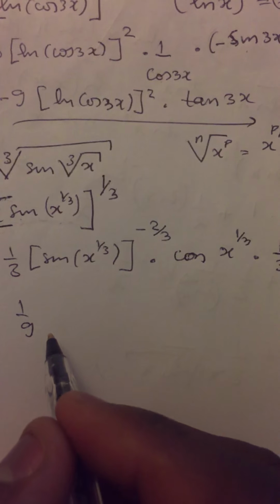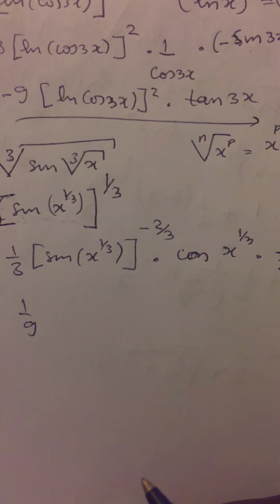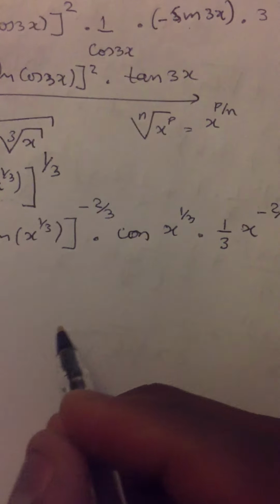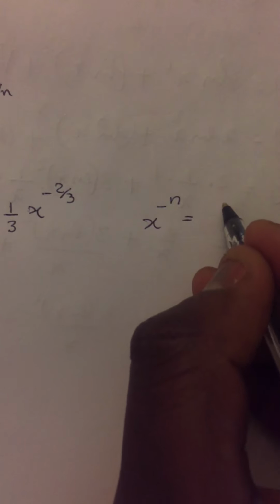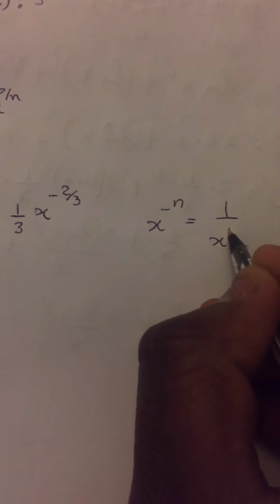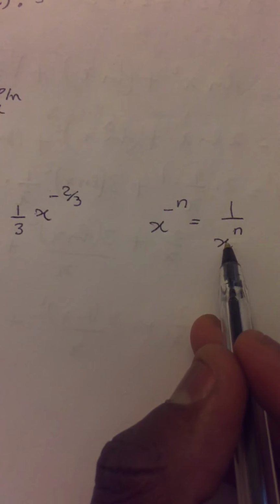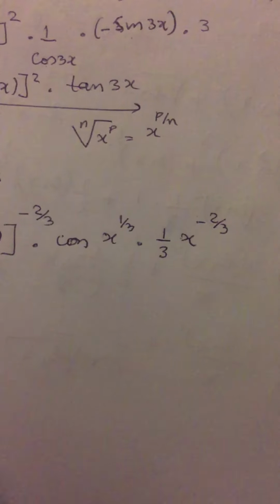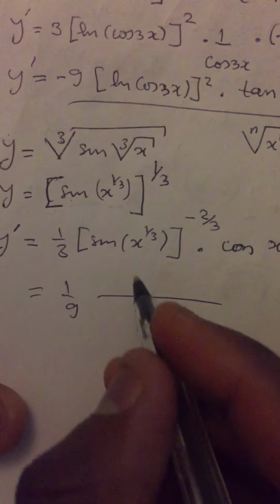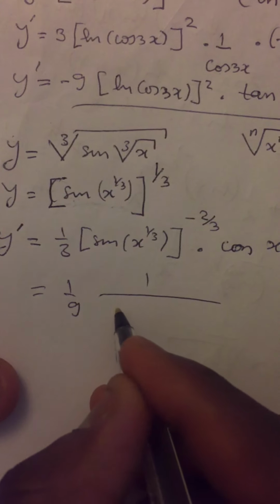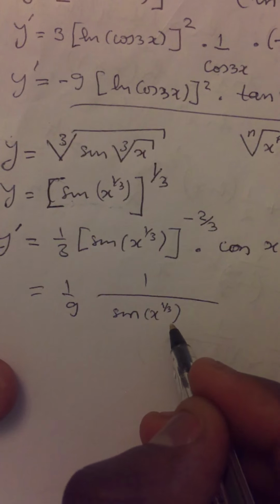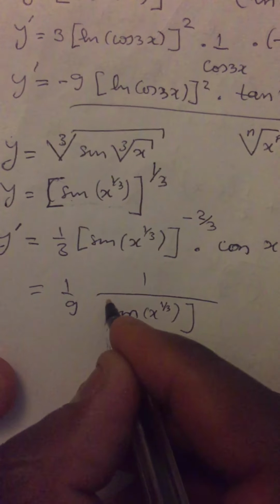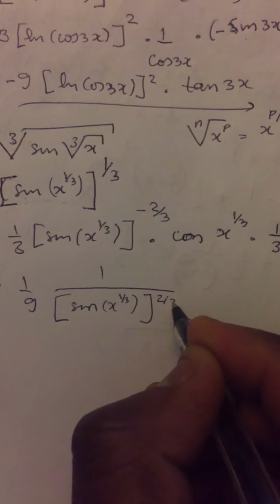I believe you know this rule. When I have x to the power minus n, it can be written as 1 over x to the power n to become positive. We're going to apply the same rule. It's going to be 1 over sine of x to the 1/3, all to the power 2 over 3, which is now positive.